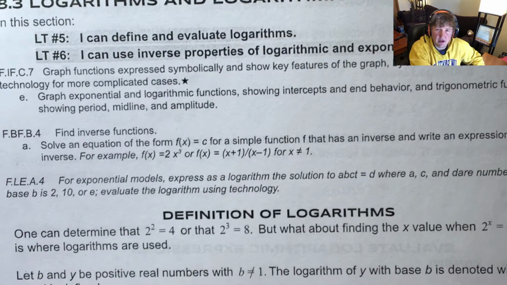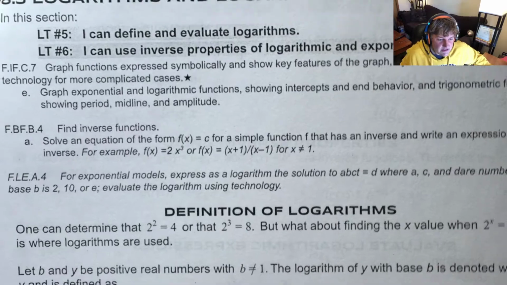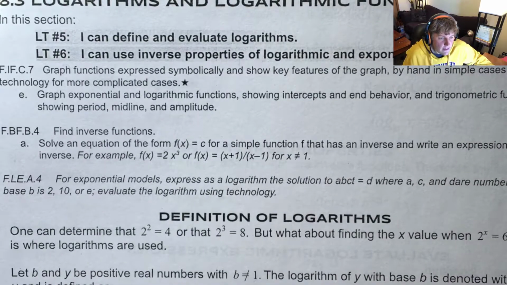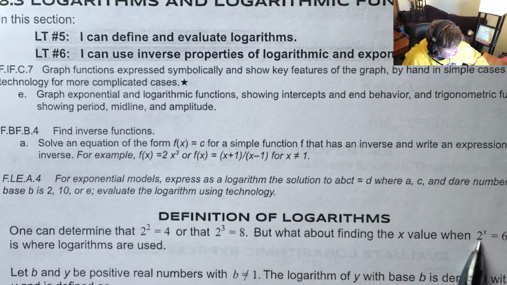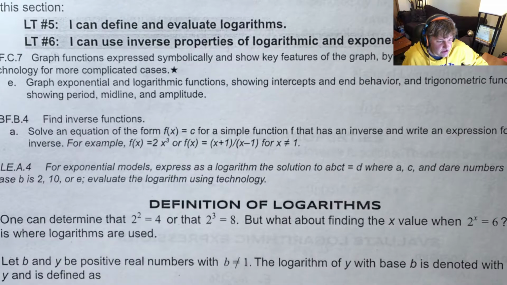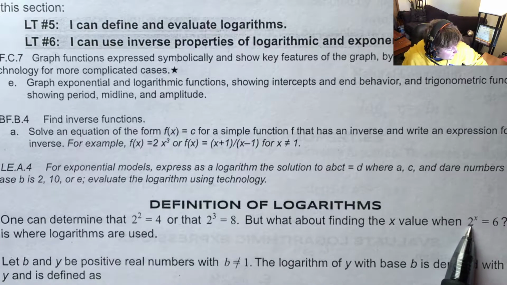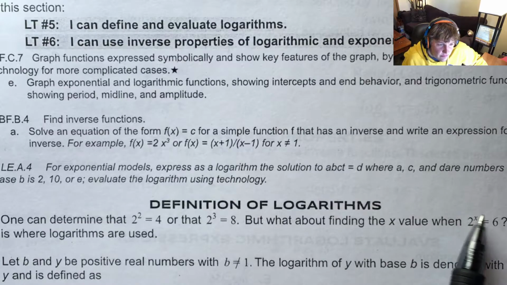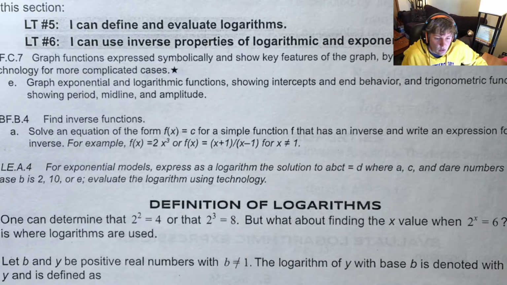You need to think, what number can I multiply 2 by itself to get 6? That doesn't have a nice, neat answer, but this is exactly where logarithms are going to be used. They are used to solve problems where we have an x variable in the exponent.